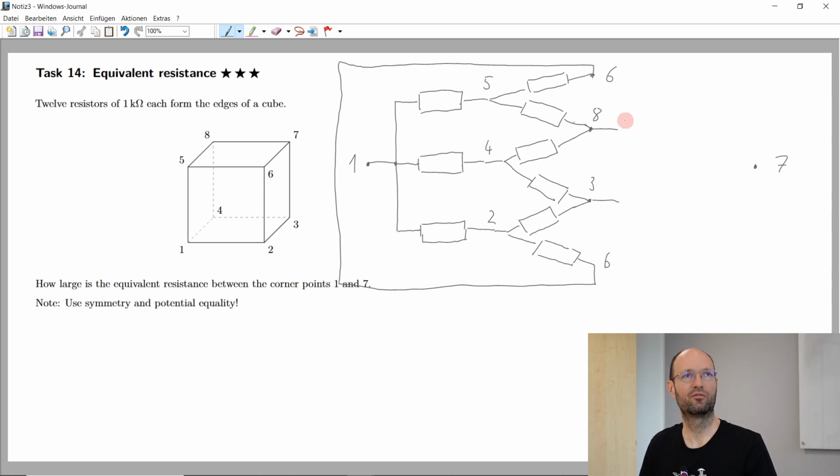And so from the 6, the 3 and the 8, over another resistor we always go back to 7. So from here I have a resistor going to 7, from here I have a resistor that goes to 7, and also from the 6, maybe I will use the 6 here at the top.